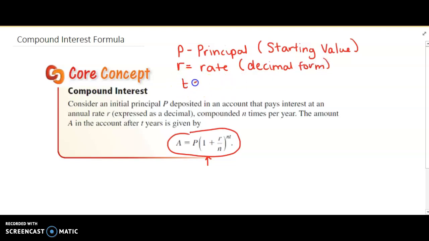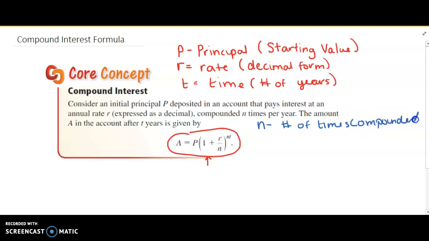T represents the time in number of years. And N is the number of times compounded yearly. In other words, if it says compounded annually, our N would be 1.